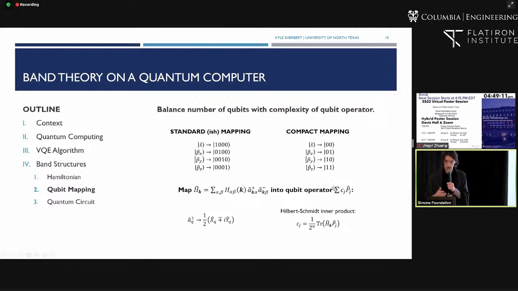You can do that, but it turns out that you're going to wind up with a very dense operator. You're going to end up needing a coefficient for just about every single one of the possible qubit operators. Whereas if you add on a few more qubits, if you let yourself use 1 qubit for each basis orbital, that actually lets you generate a much sparser Hamiltonian operator when you map it into a qubit.